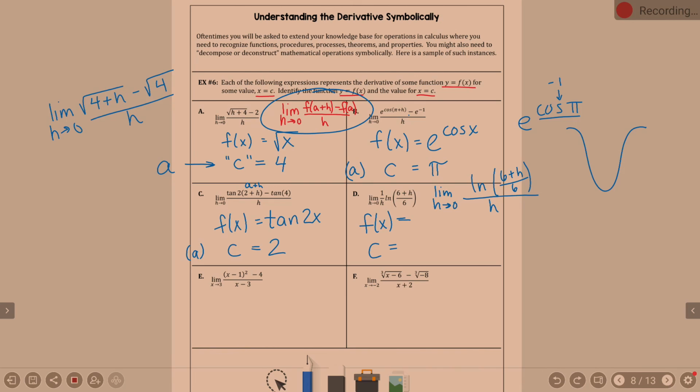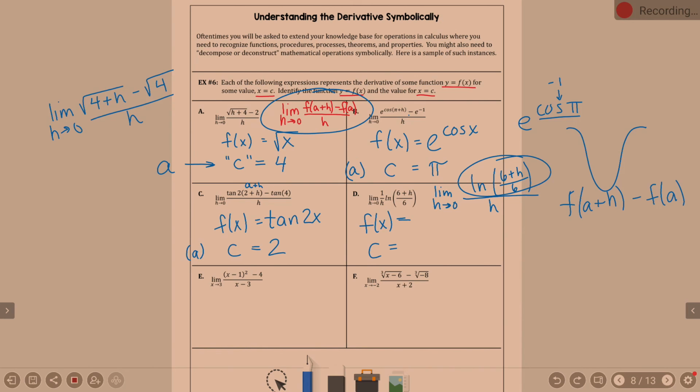There's an ln involved, exactly. x over 6. No, you're going too far with it. x. Because here's the idea, guys. Remember, you have to have f of a plus h minus f of a all in that right there.